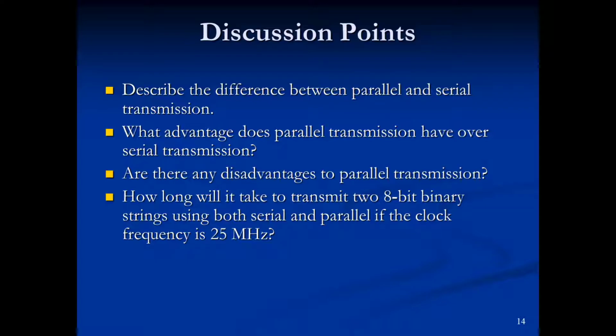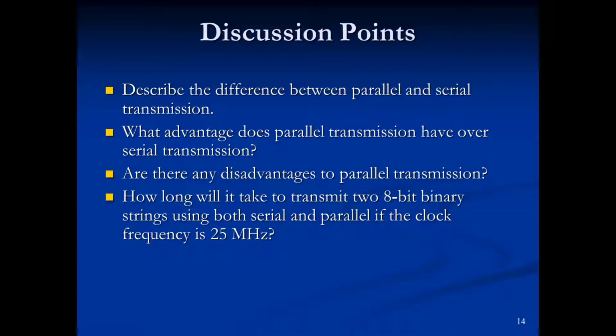Serial is very inexpensive because it's only a single line you have to transmit over, but it is technically slower because you can only send 1 bit at a time. And parallel is the opposite. You can send many bits at a time, and it's pretty fast, but particularly the larger scale you get, the more prohibitively expensive and impractical it is to use parallel transmissions.